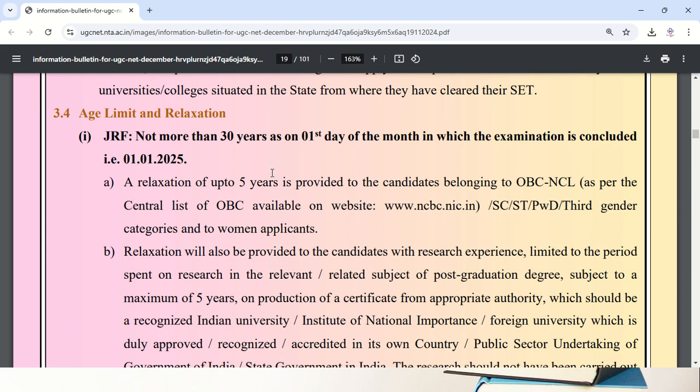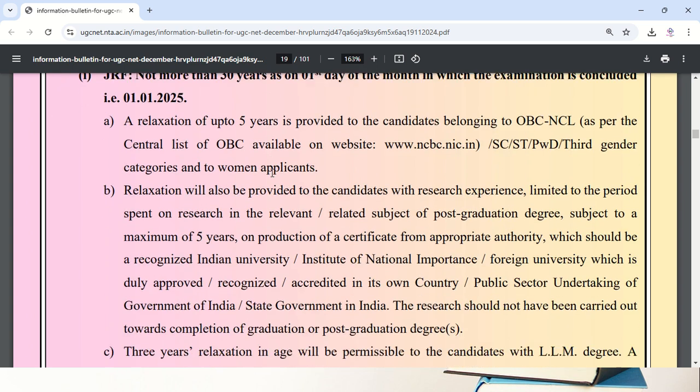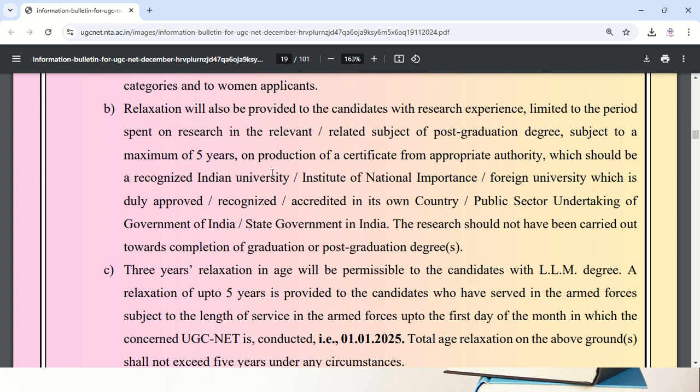Relaxation is also provided for candidates with research experience, limited to a period. Suppose you have completed some research experience related to your post-graduation degree subject, up to a maximum of 5 years, on production of a certificate from an appropriate authority, which should be a recognized Indian university, Institute of National Importance, foreign university duly approved and recognized in its own country, public sector undertaking, Government of India, or state government.